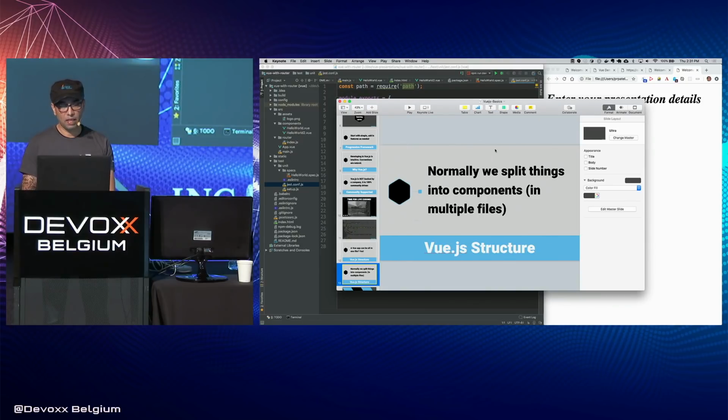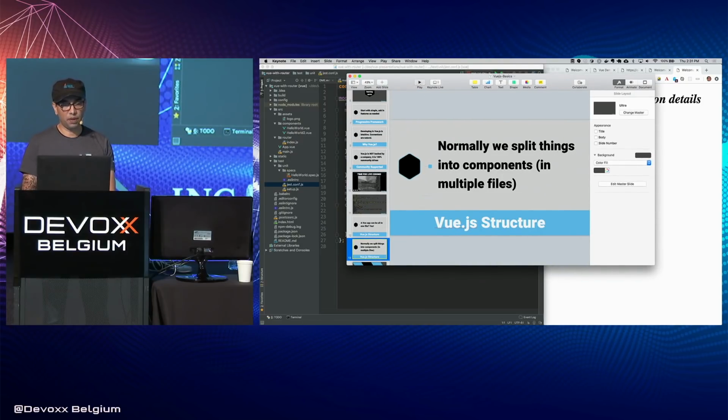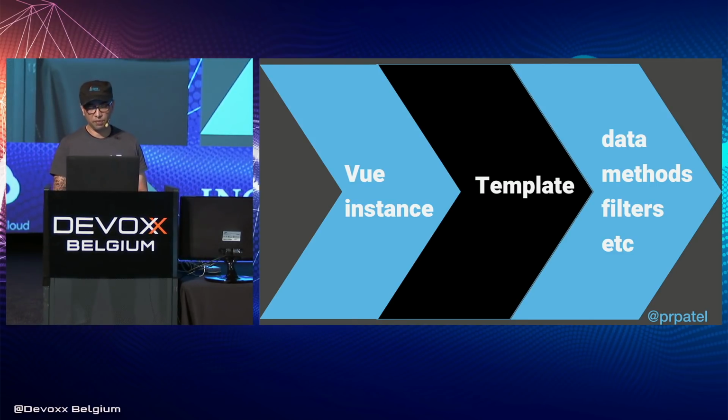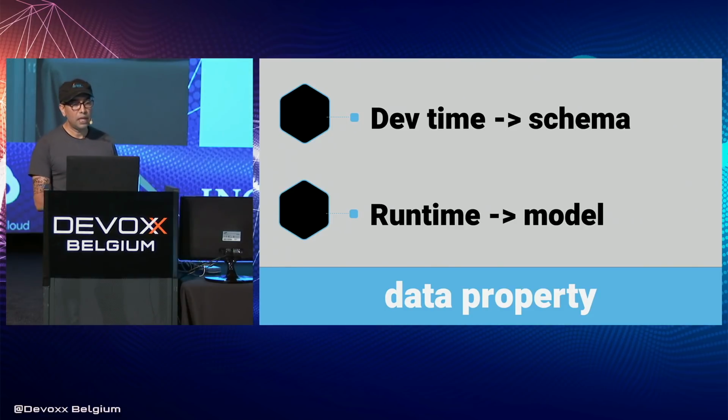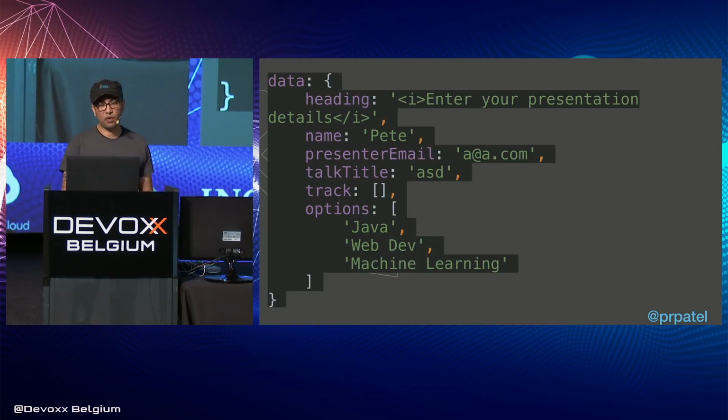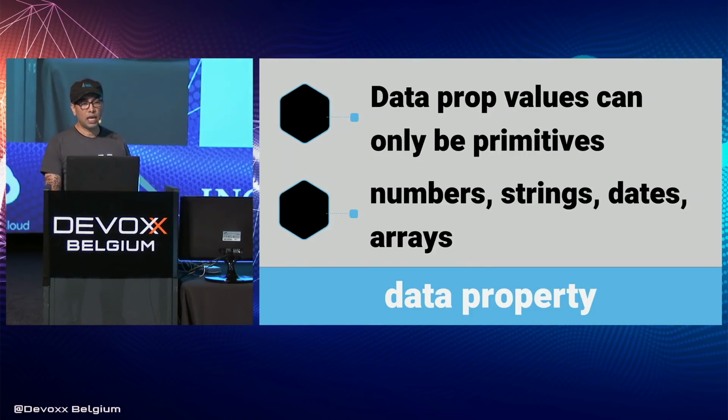Okay. All right. So we talked about how we split components. We talked a little bit about how Vue instance templates, data, methods, and filters come together. Right. At dev time, the data property is a schema. At runtime, it becomes the model. We cannot add or remove props at runtime, so we've already talked about this in detail. Data prop values can only be primitives.